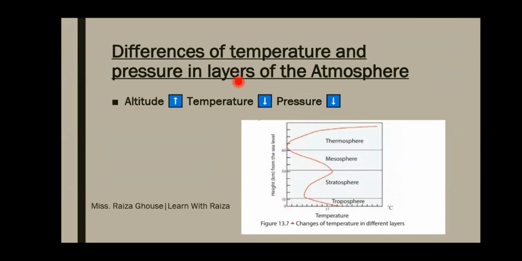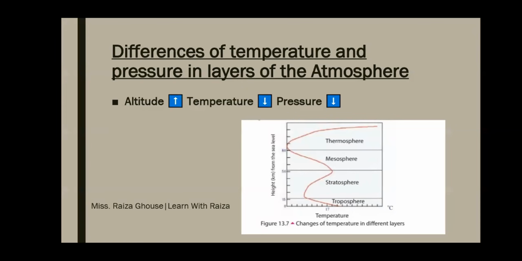The land and the sea get heated by the sun's warmth, and the temperature near the land gets high. So the temperature of the troposphere decreases when we go away from the land. Did you understand? We are living in the troposphere layer. When we go away from the land, temperature decreases because the height increases. So when the height increases, temperature decreases.